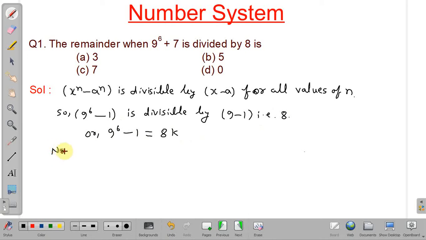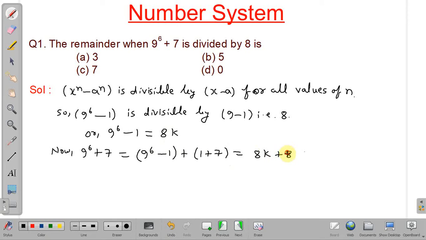Now we can write 9 to the power 6 plus 7 in this form. So how can we write it? Say, 9 to the power 6 minus 1. Now we have subtracted 1, so we need to add 1 so that the number will remain the same, plus 7. So 9 to the power 6 minus 1 is nothing but 8k.